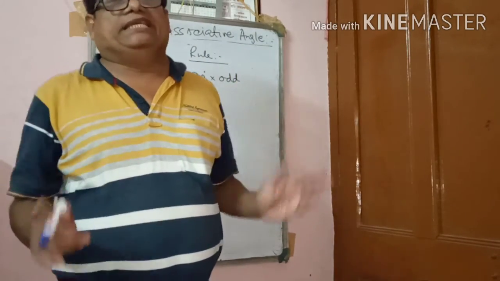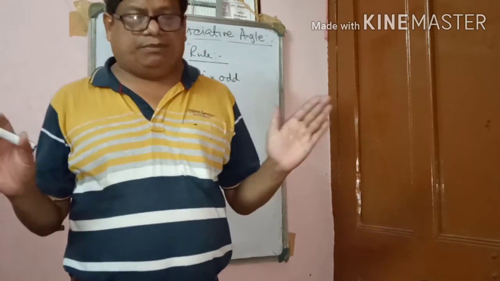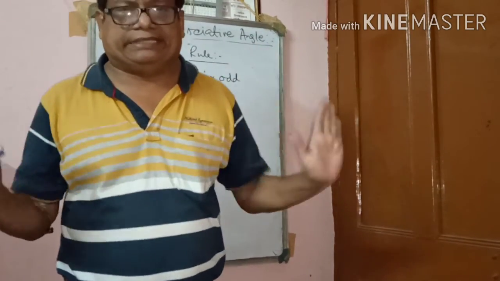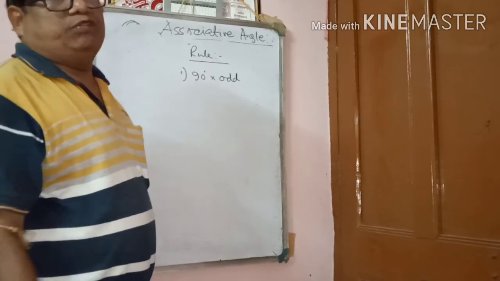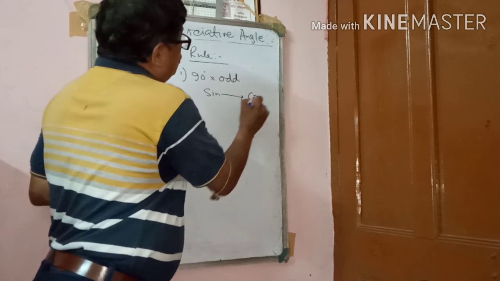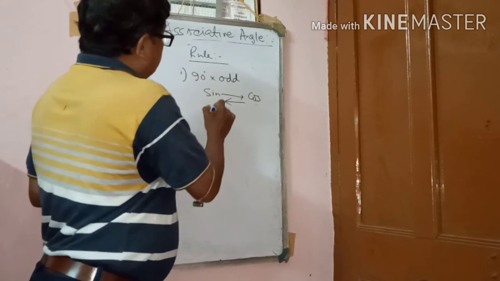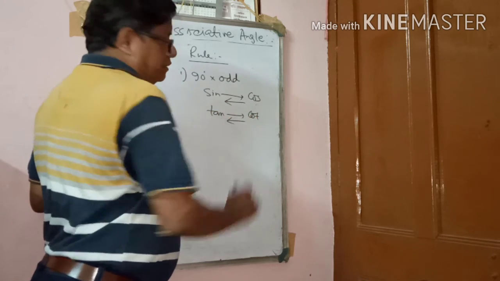Keep in mind. If 90 degree into odd multiple, that is 1, 3, 5 like that, so T ratio will change. Sin will be cos, cos will be sin. Tan will be cot, cot will be tan.